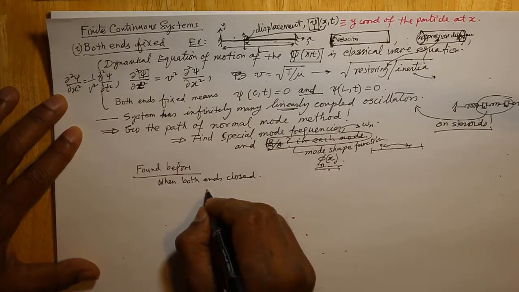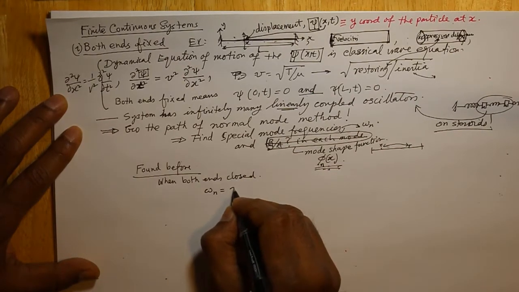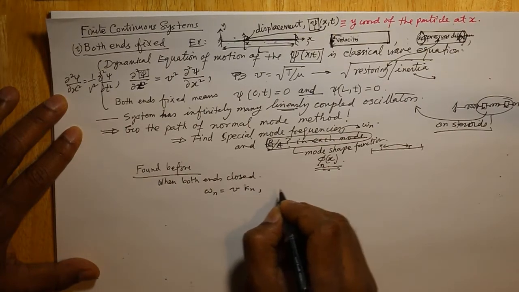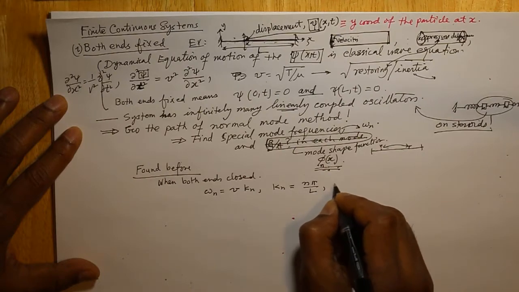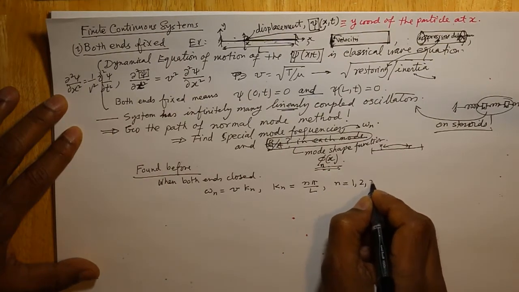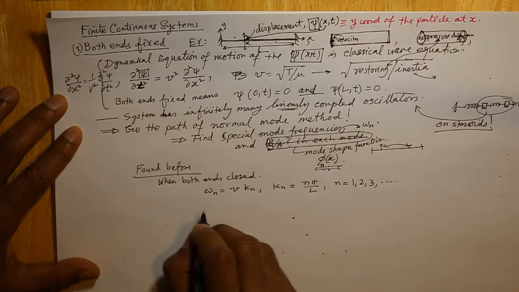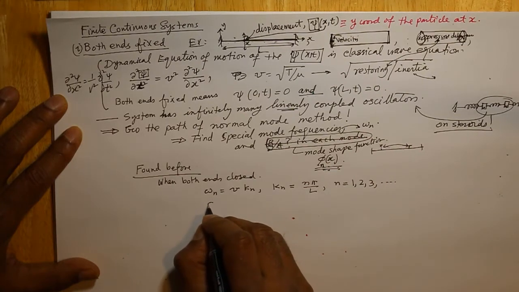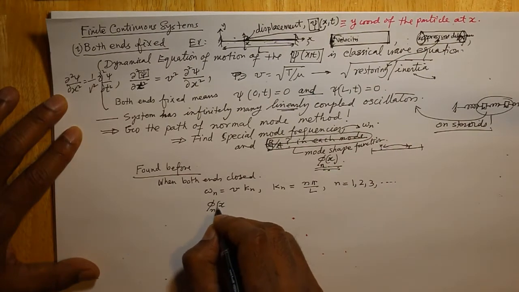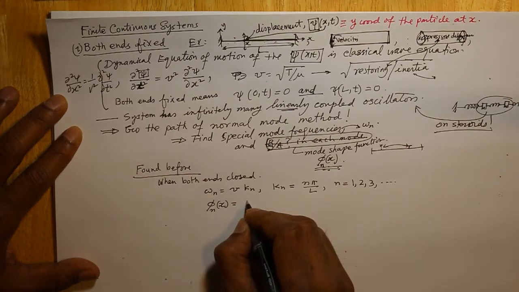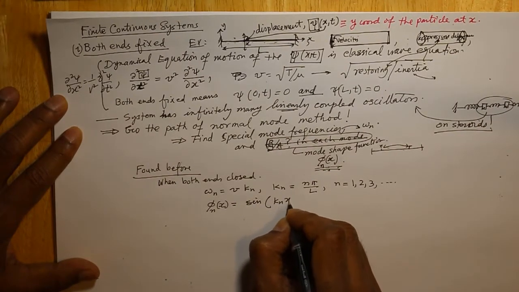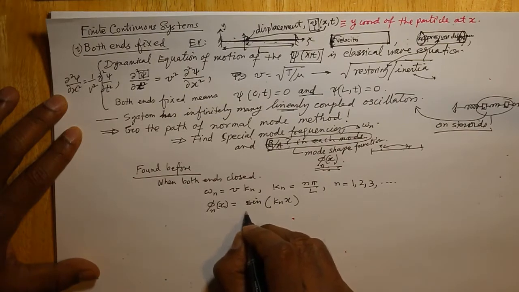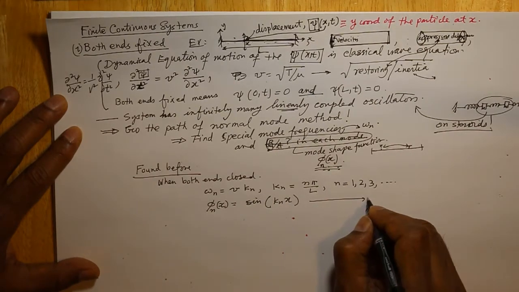You have omega n equals v times k n, with k n equals n pi over L, where n equals 1, 2, 3, forever, and phi n of x was sine k n x. This is not normalized.